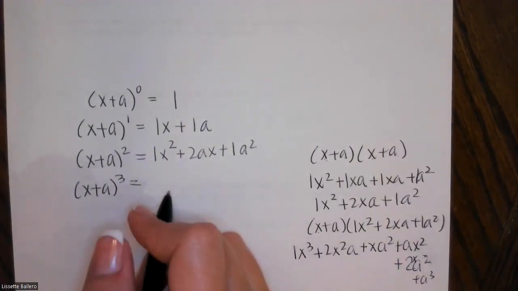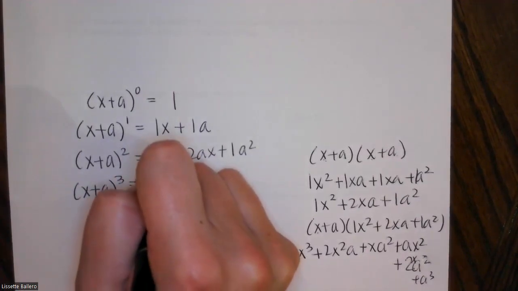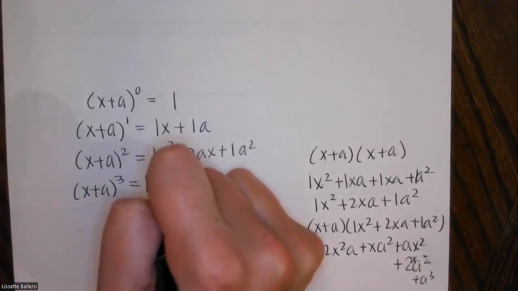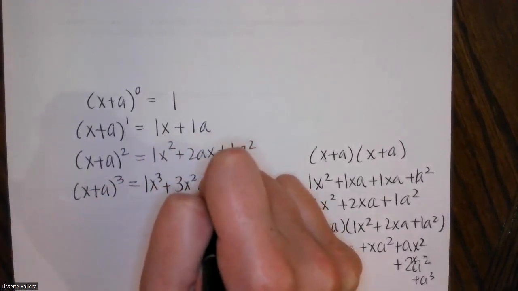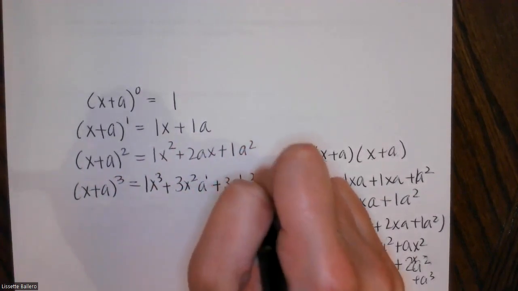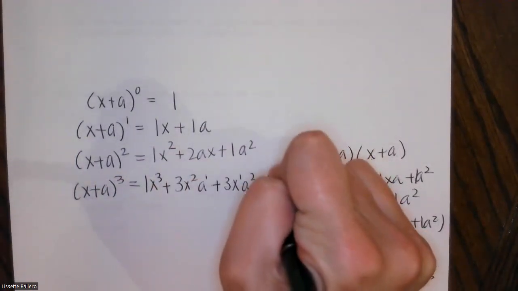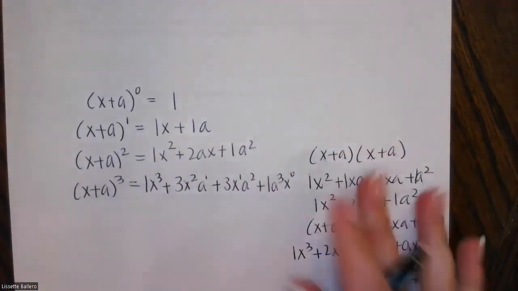And I'll write it over here so that we've got it together. That's going to give me 1x cubed plus 3x squared a to the first plus 3x to the first a squared plus 1a cubed x to the 0.